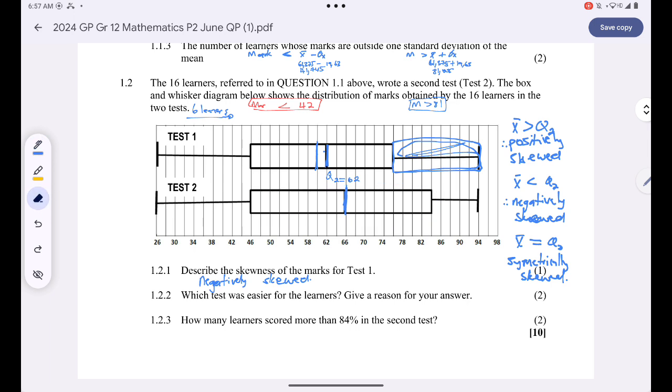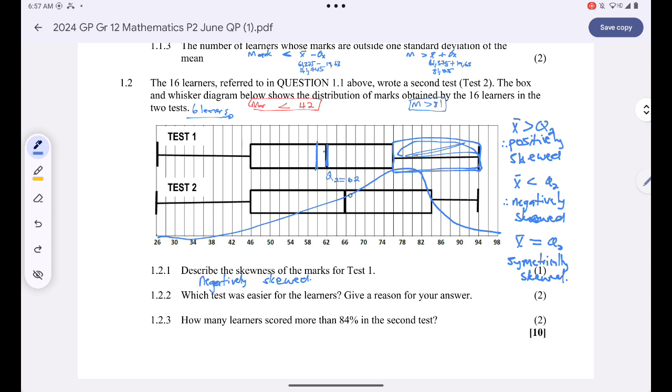That means the standard deviation of the second test is greater than the standard deviation of the first test. Why am I saying that? Because the data is more spread, and I can safely say that this data is positively skewed.